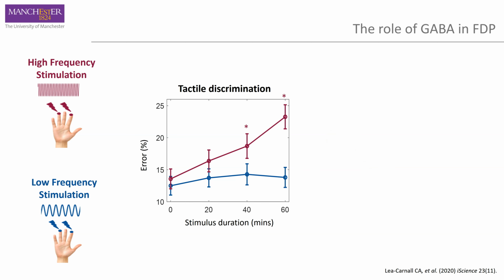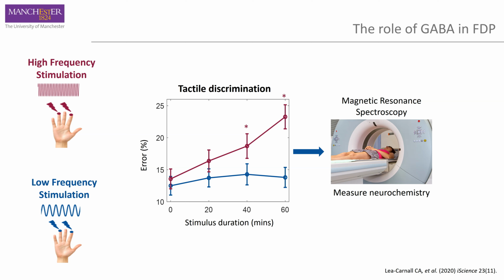But going back to that initial study with the fingertips, we wanted to understand a bit more about the mechanisms underlying these changes, and so we acquired magnetic resonance spectroscopy, or MRS, to measure GABA and glutamate, the brain's major inhibitory and excitatory neurotransmitters that I mentioned a few slides back.